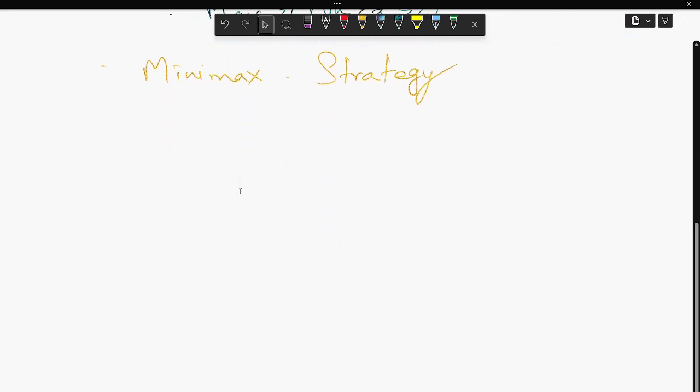So the column 1 maximum will be what? Let us write C1 max, we will take from 6 comma x. So that will be the max of 6 comma x.